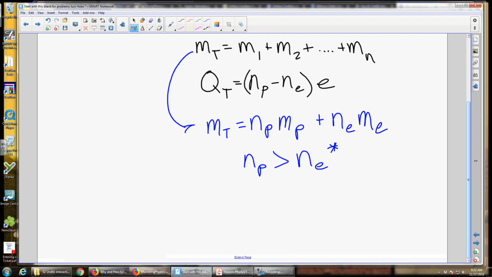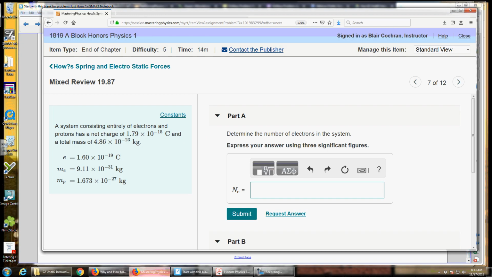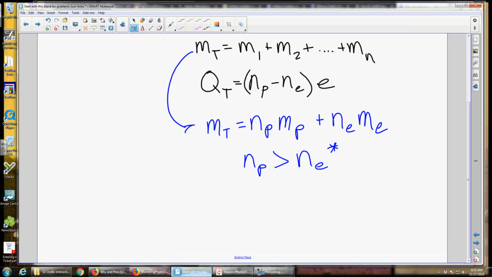And now, really, I think we can just do some filling in. Net charge 1.79 times 10 to the minus 15 coulombs.